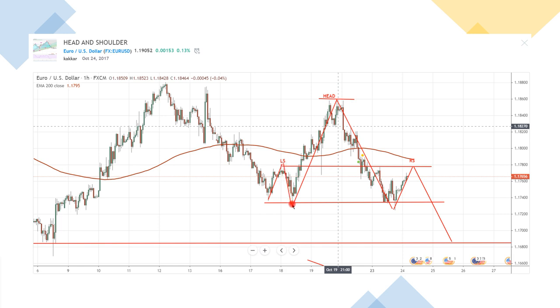This left shoulder is a price moving up, hitting a resistance line, falling back and coming down to a support level. You'd never know it is forming a head and shoulders pattern at this point, because it's just a standard operation of price movement.